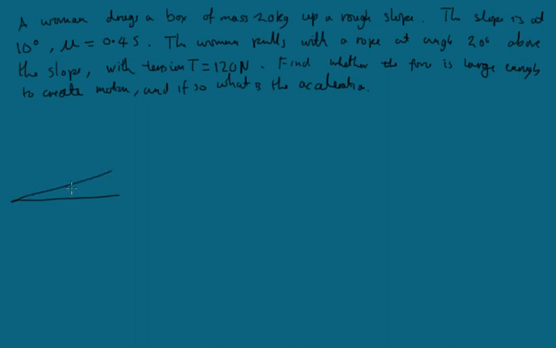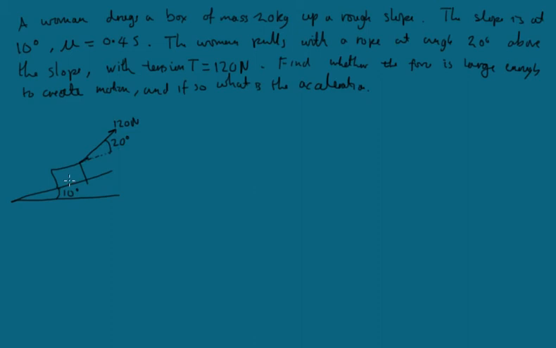So we've got our wedge, and that's 10 degrees. Then we've got our box, and we do a wee dashed line parallel to the slope, and we've got this rope here, and it's 20 degrees up here, and that's tension as 120 newtons.